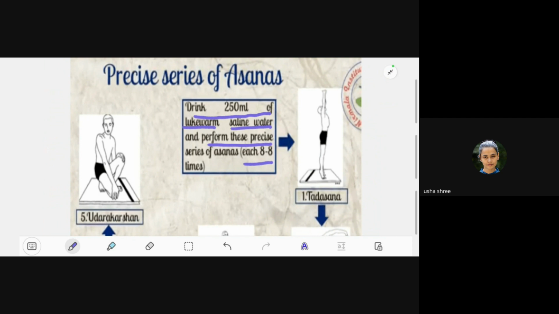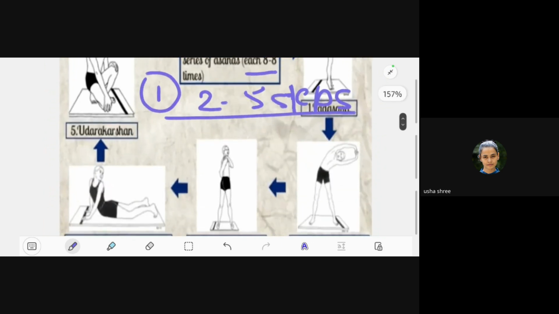During these 8 to 10 rounds, after one or two steps, when one drinks two glasses and performs the five steps, and the urge is not there, again repeat two glasses and five steps. Now nearly everyone feels the urge to go. Go, come back.